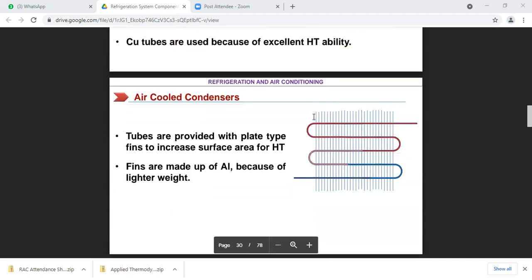In this air cooled condenser, the tubes are provided with plates, or fins. Why do we introduce these? To increase the surface area of heat transfer, so there is effective transfer of heat. The fins are made of aluminum, which is light in weight.